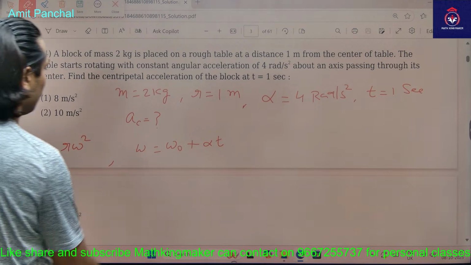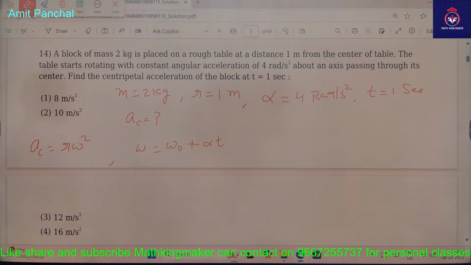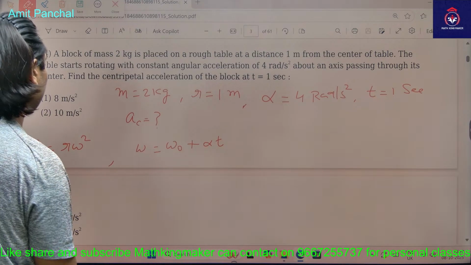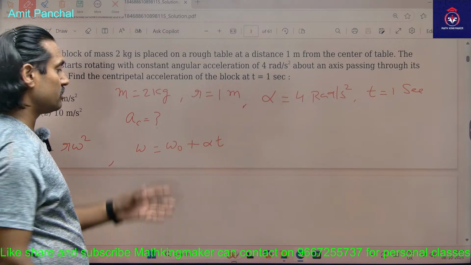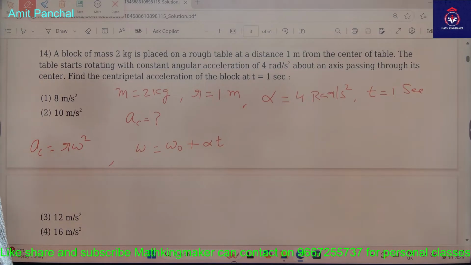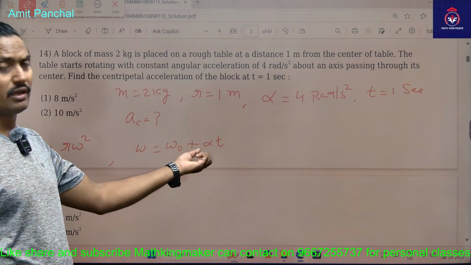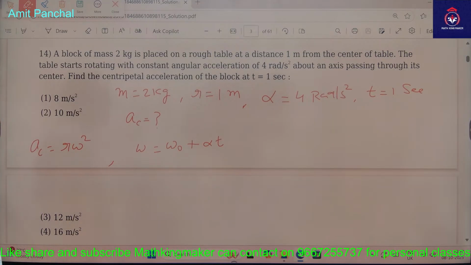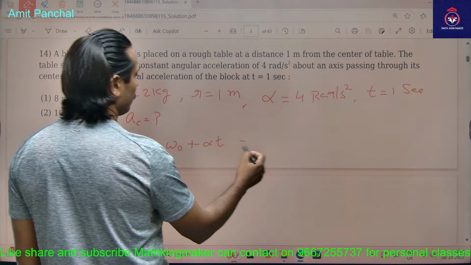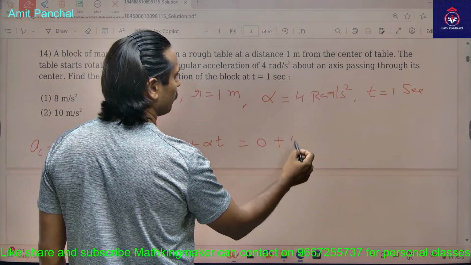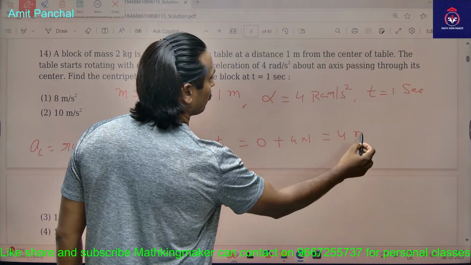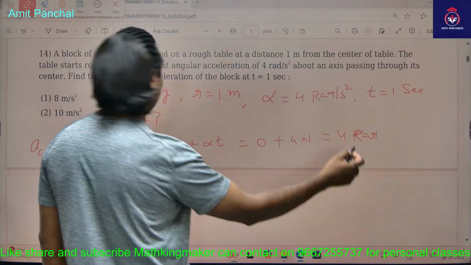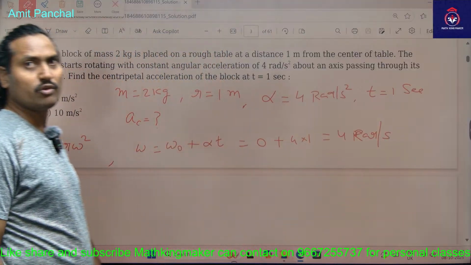V is equal to V0 plus a t was the linear equation. Velocity will be replaced by angular velocity, and acceleration by angular acceleration. So omega will be omega 0 plus alpha t. Omega 0 was 0, alpha is 4, t is 1. So that will be 4 radian per second.